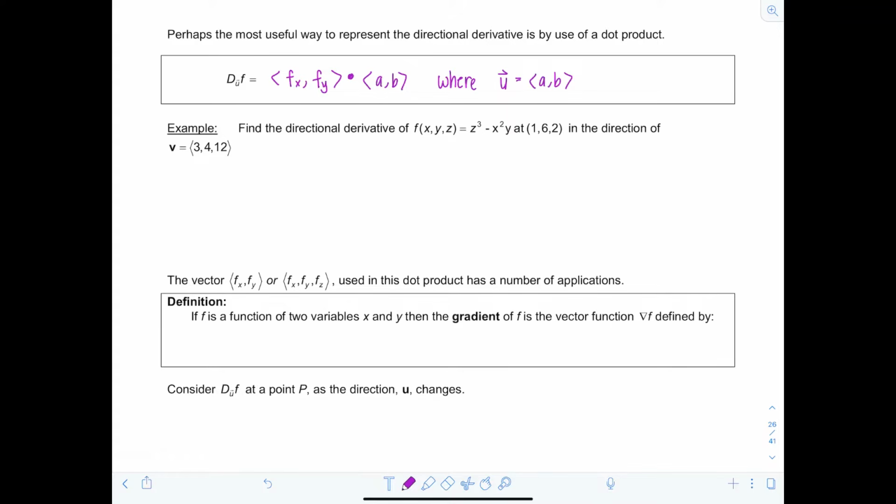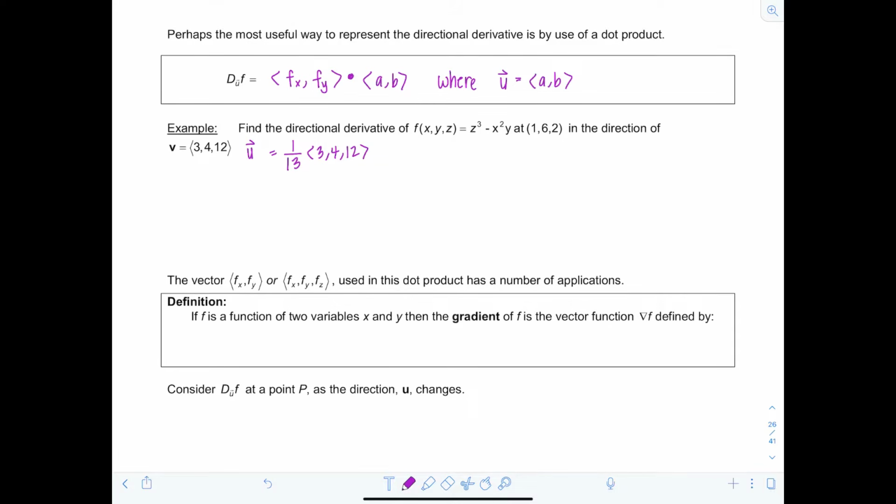What's the magnitude here? 9 plus 16 plus 144, that's right, it's 169. So I'm going to divide v by 13. Now I have u, which is 1/13 times (3, 4, 12).